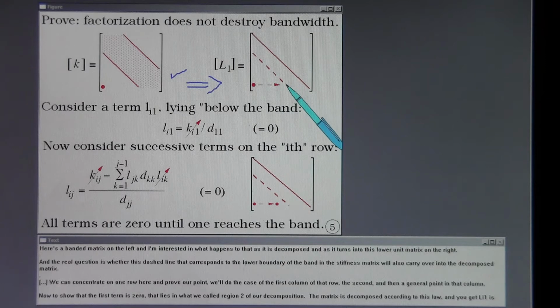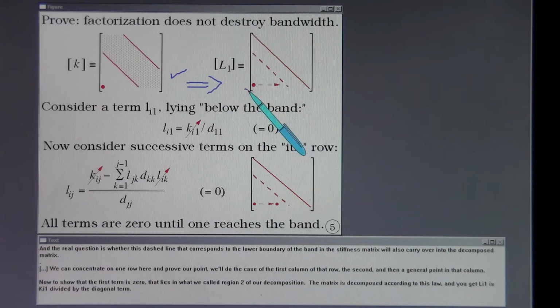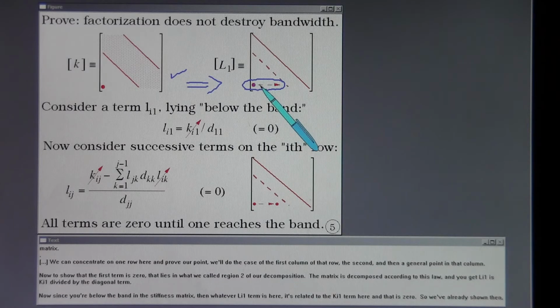And the real question is whether this dashed line that corresponds to the lower boundary of the band in the stiffness matrix will also carry over into the decomposed matrix. Well, we can concentrate on one row here and prove our point. We'll do the case of the first column in that row, the second, and then a general point in that column.